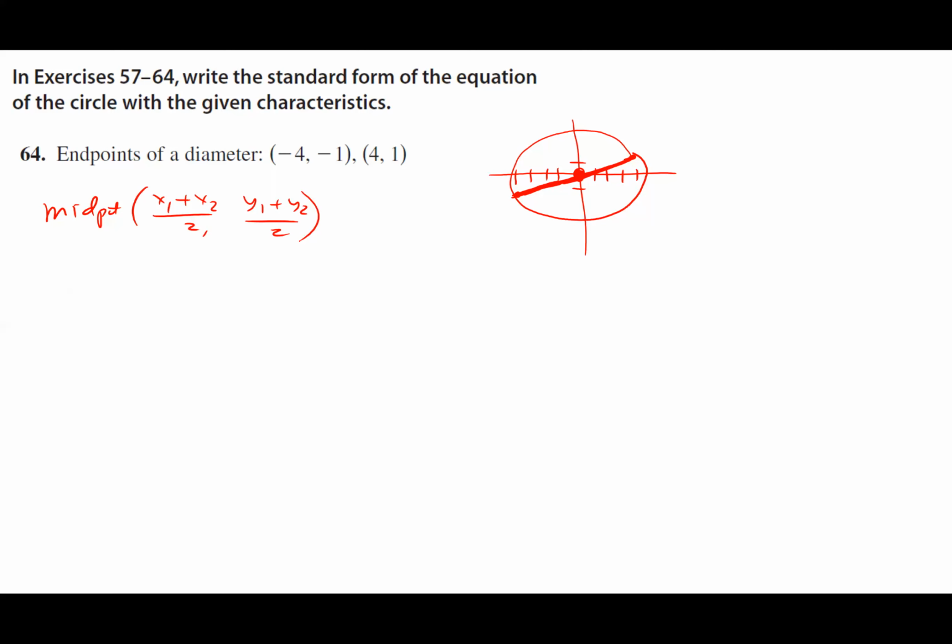We're good. So let's do this one real quick. I have -4 plus 4 divided by 2, and -1 plus 1 divided by 2, and the answer is 0, 0. Don't forget the division by 2, right?